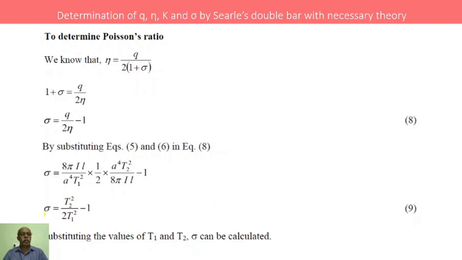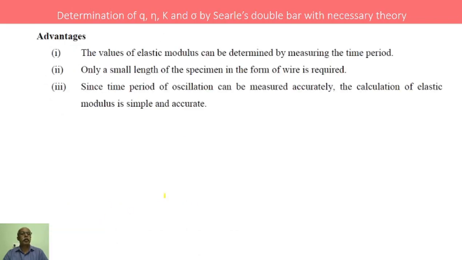So coming to the advantages of the Searle's double bar method, the values of elastic moduli can be determined by measuring the time periods T1 and T2. Only a small length of the specimen will be enough, and that should be in the form of wire.